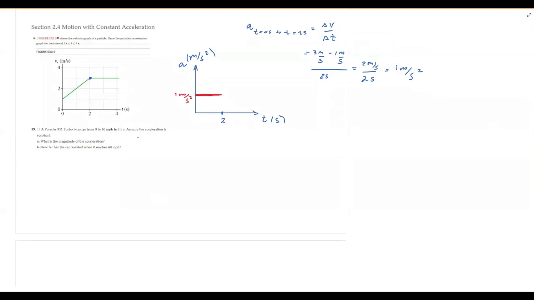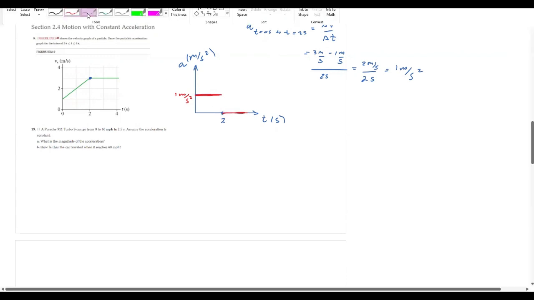Okay. Now, from 2 to 4, what is going on? The slope of this line is 0, so the velocity was constant. So from 2 to 4, we're going to have a graph like this. My acceleration from 2 to 4 would be 0.